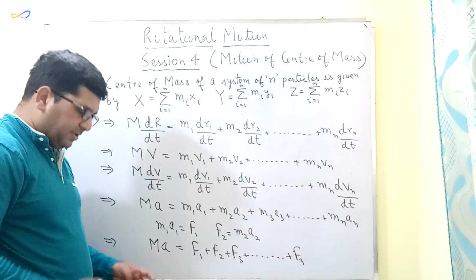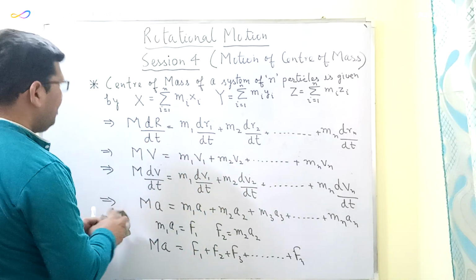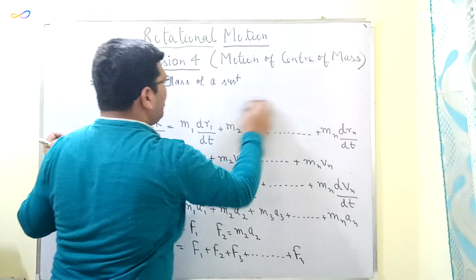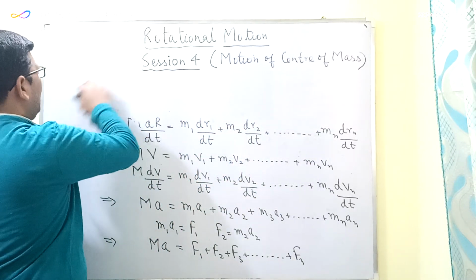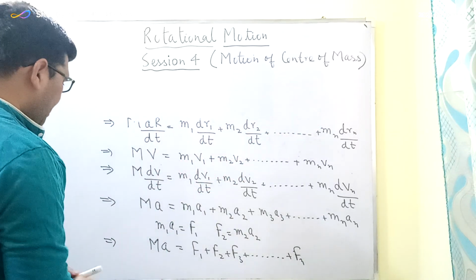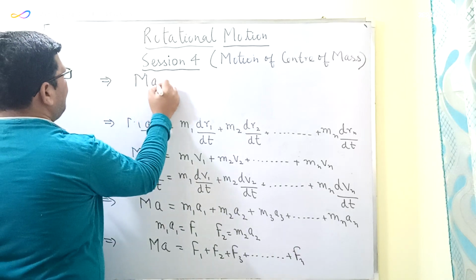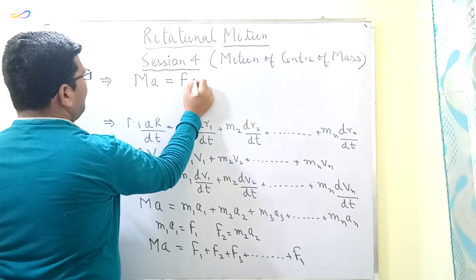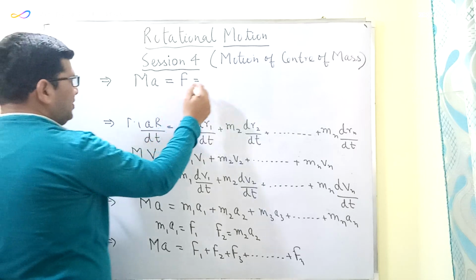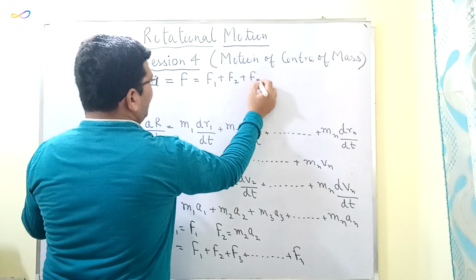So finally I have got this equation, and MA I have denoted as F. This is equal to F1 plus F2 plus F3 and so on.